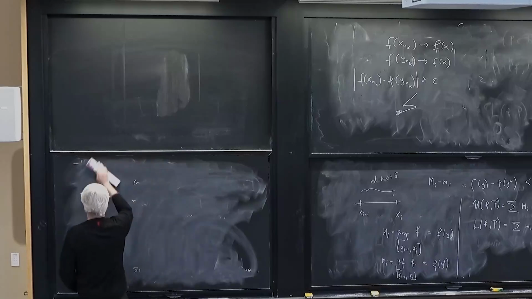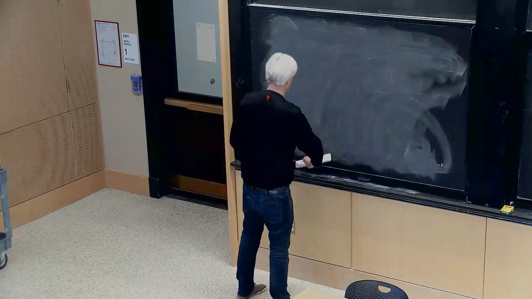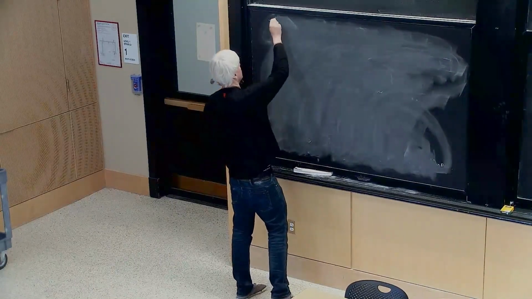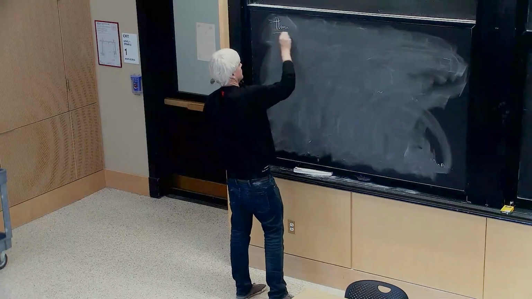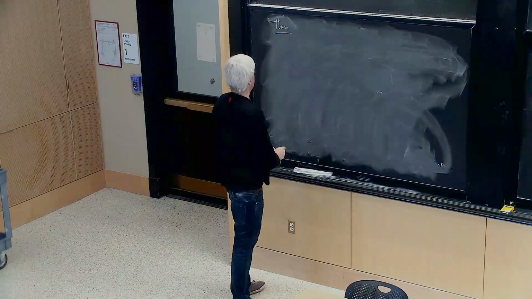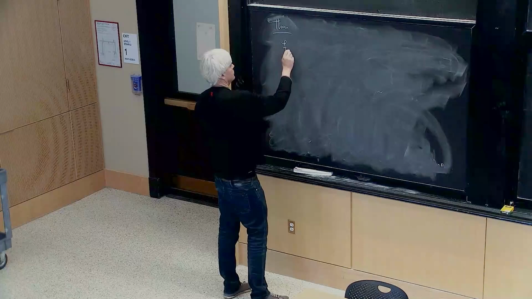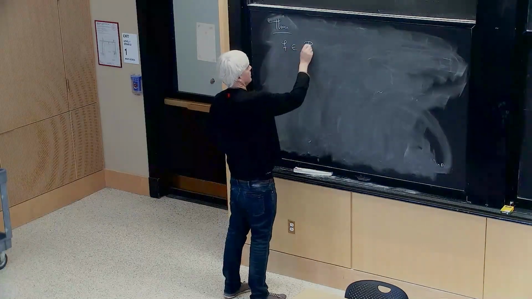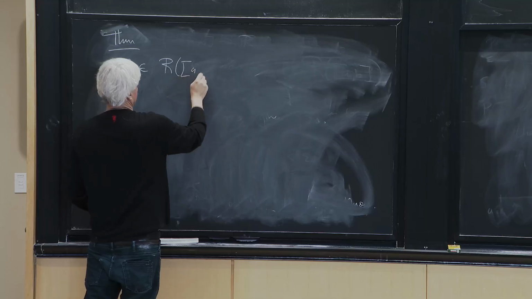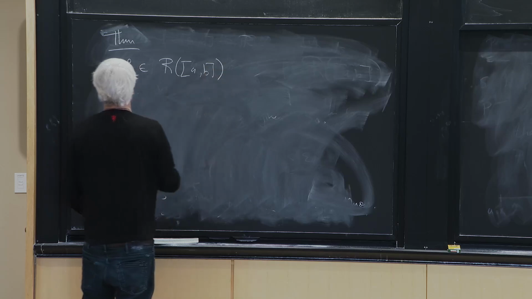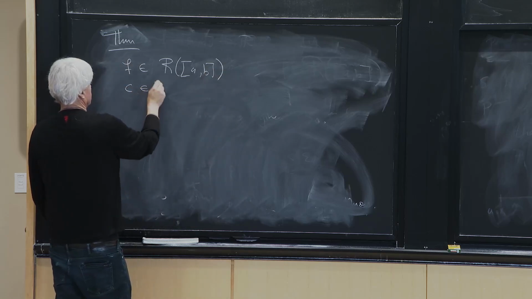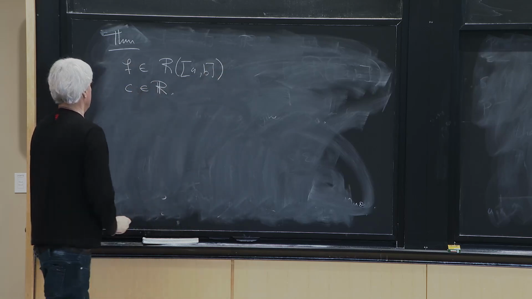The first one is: suppose you take a function that is Riemann integrable on some interval like this, and c here is a constant, a real number.